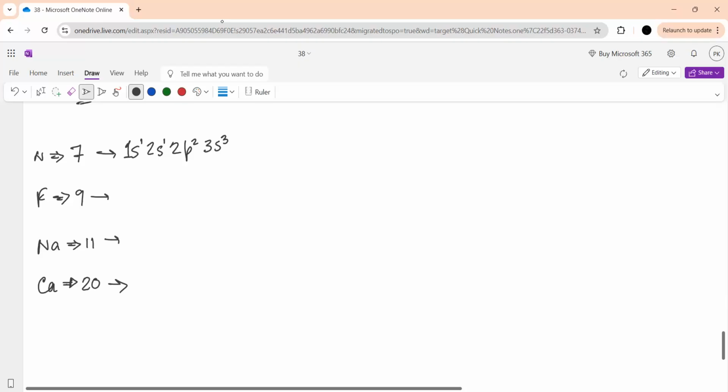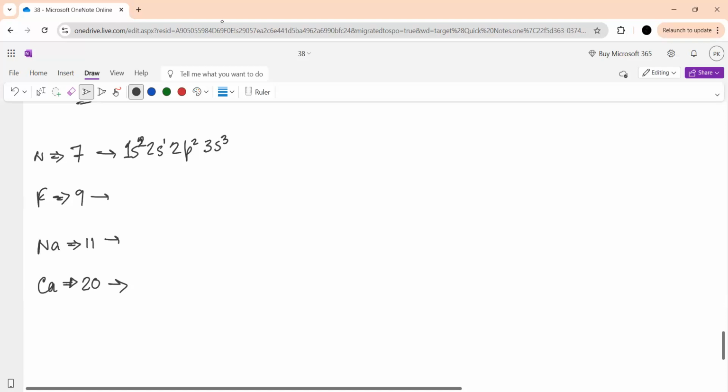How many electrons can be there in 1s? 2 electrons, right? Yes, ma'am. So if you have not completed the electrons in 1s, which is 2, you can't shift to 2s. Once you have fulfilled the total electrons, you can go on. So you first give 1s 2 electrons. Then you have 5 electrons left.